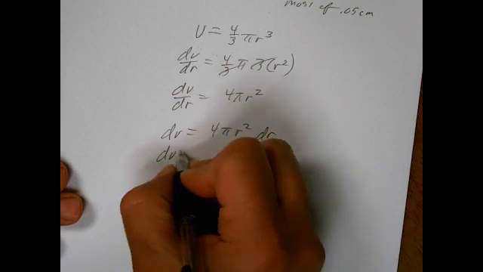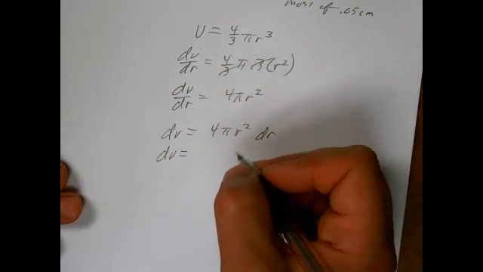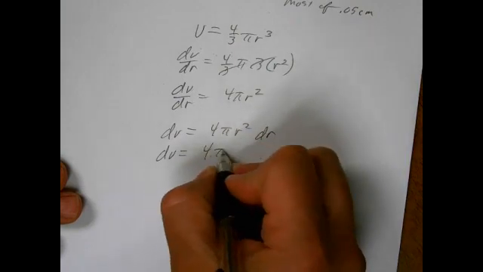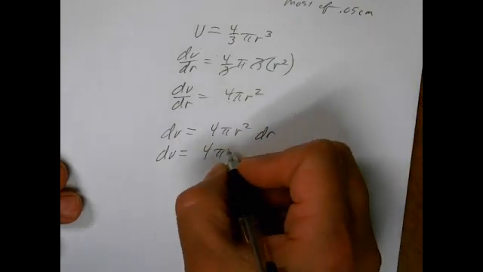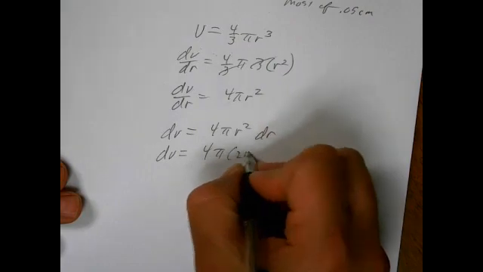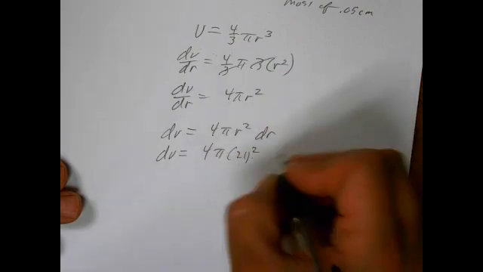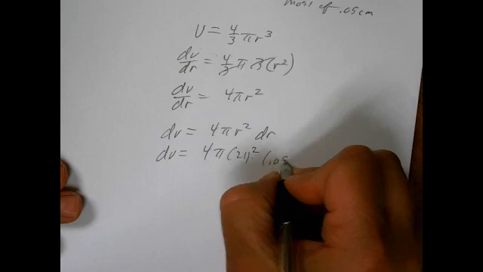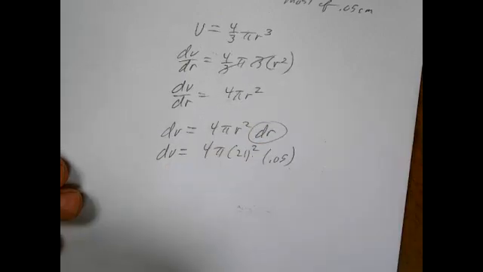Therefore, deviation in volume, as explained by this error, is equal to 4 times pi times radius, which is 21 squared, times deviations in radius.